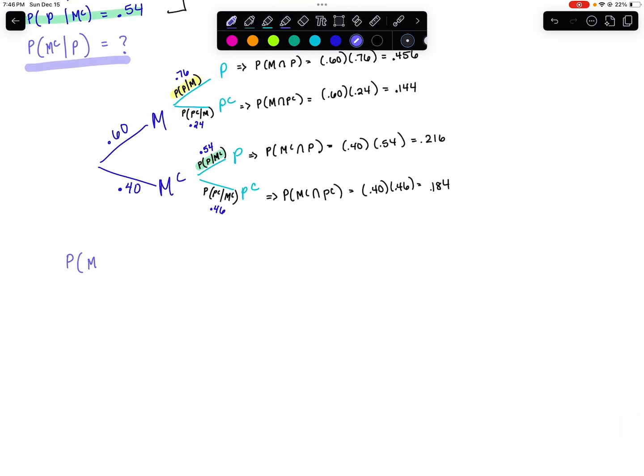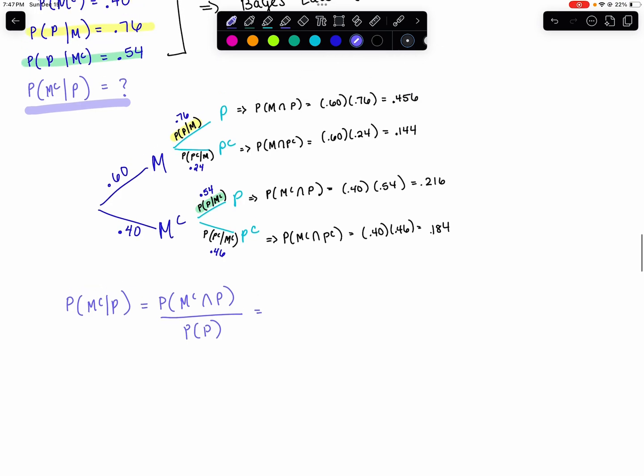The probability of MC given P, expand that, always expand that. So that's just the probability of MC and P over the probability of P. All right, so MC and P. Well, let's see. In our tree diagram, MC and P is just this right here. So that's going to be my numerator.